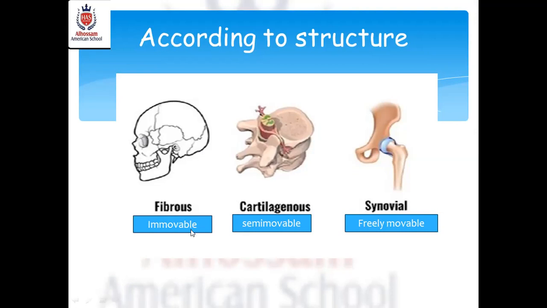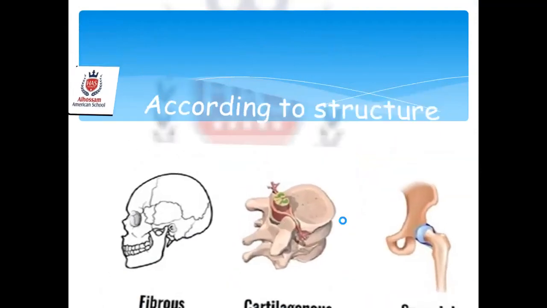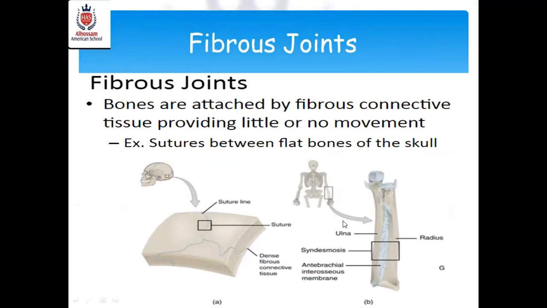So, a fibrous joint is between two bones attached by fibrous connective tissue, and it provides little or even no movement. The commonest example of a fibrous joint is a joint between your skull bones.